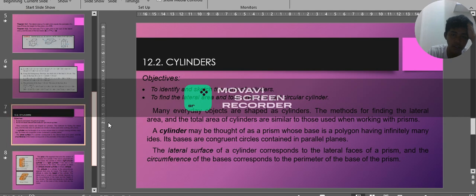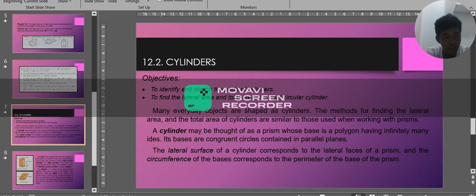Next up would be cylinders. So we are done with prisms. Let's proceed to cylinders. Many everyday objects are shaped as cylinders. The methods for finding the lateral area and the total area of cylinders are similar to those used when working with prisms. It's just the same.